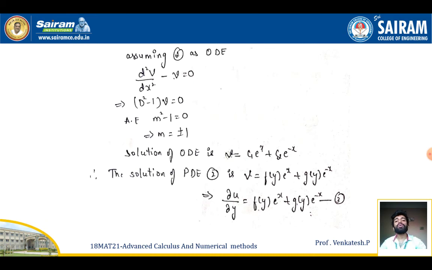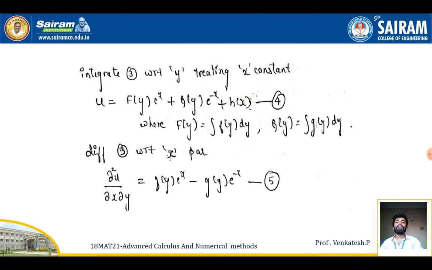If I integrate, u = capital F(y) e^x, integrating small f(y) with respect to y and keeping e^x as it is. Similarly, integrating small g(y) with respect to y, I will get capital G(y) e^(−x), keeping e^(−x) as it is, plus one more constant, h(x). Call it equation number 4.